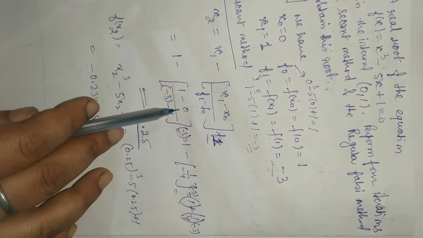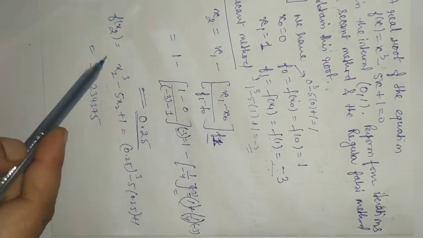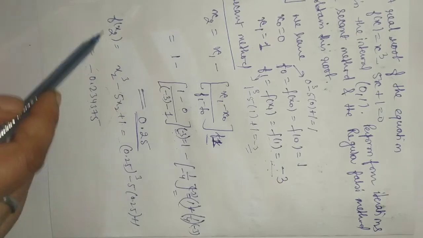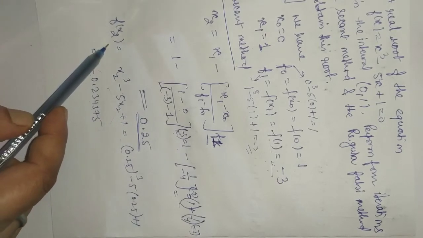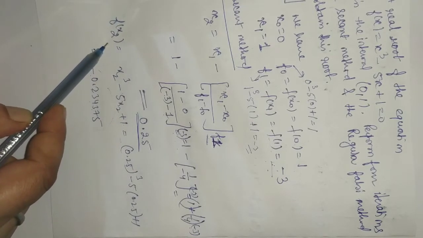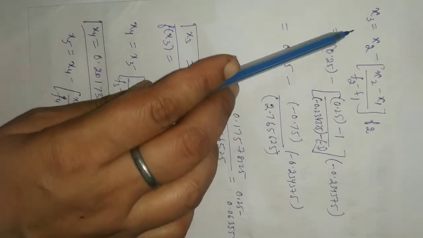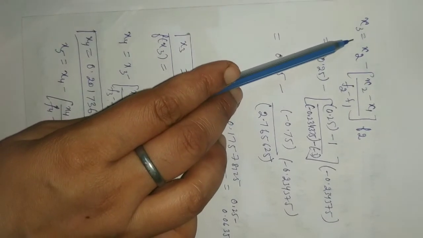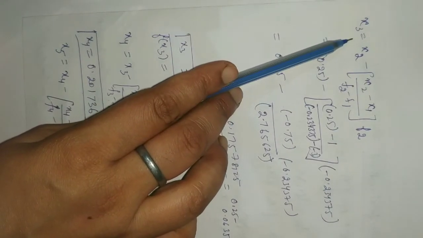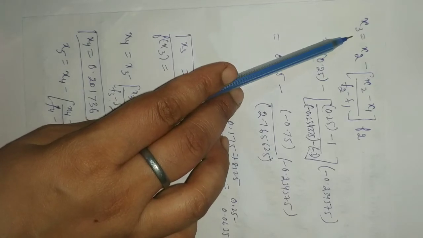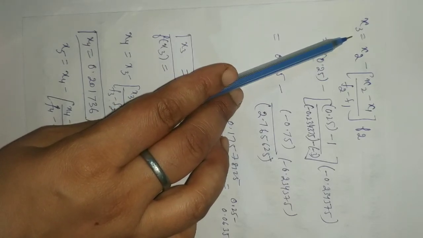But in the secant method it doesn't matter whether the next approximation is positive or negative. We have to take this one for the next iteration. Now our next iteration is for x3, as we have to perform 4 iterations for each method.